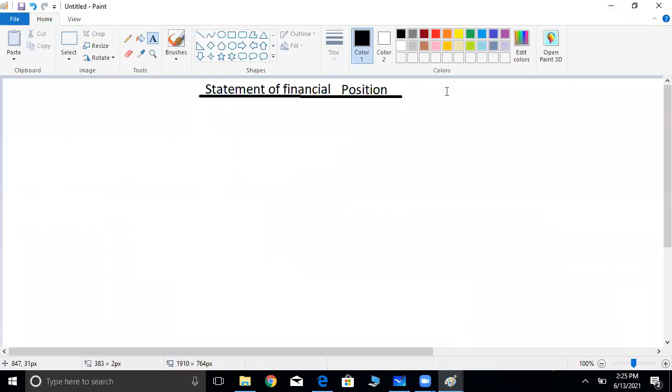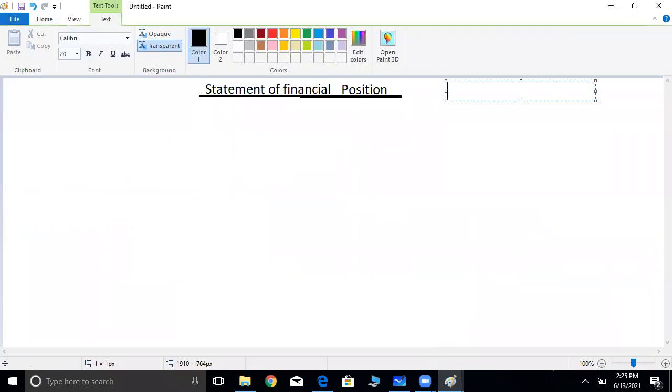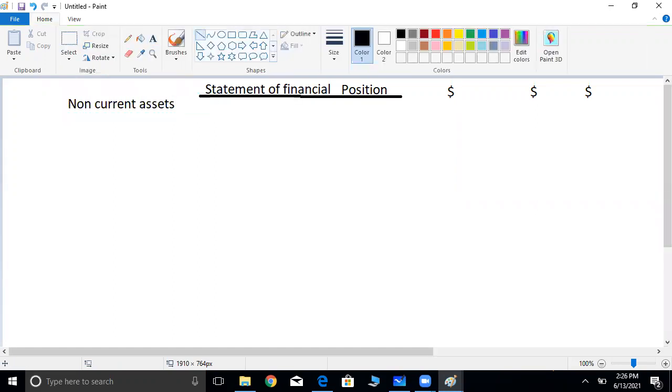Now I am going to prepare the balance sheet in front of you, which has obviously 2 signs, 3 signs, dollar sign, and then again for depreciation there is a dollar sign, and then again last it has a dollar sign. So first I will start from the non-current assets. Non-current assets आपकी जो है वो आ जाएंगे like this.